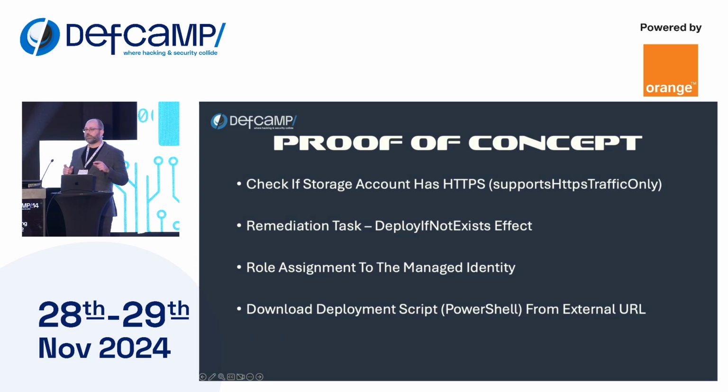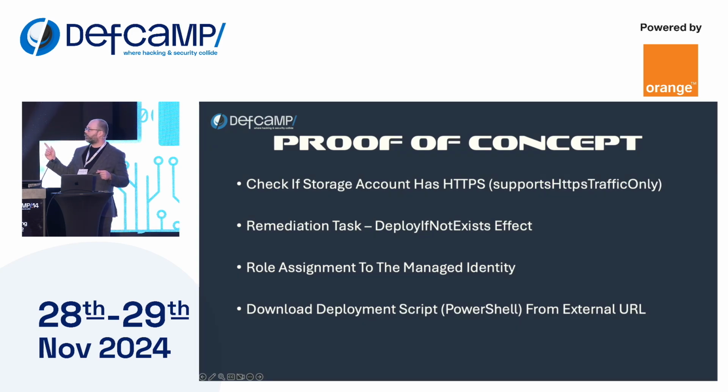So the policy itself will look for a storage account that has HTTPS enabled or disabled. And then, because we will find some of these resources, I will use the deploy if not exist effect. And with this, I will also assign a remediation task. So I want to fix those storage accounts.